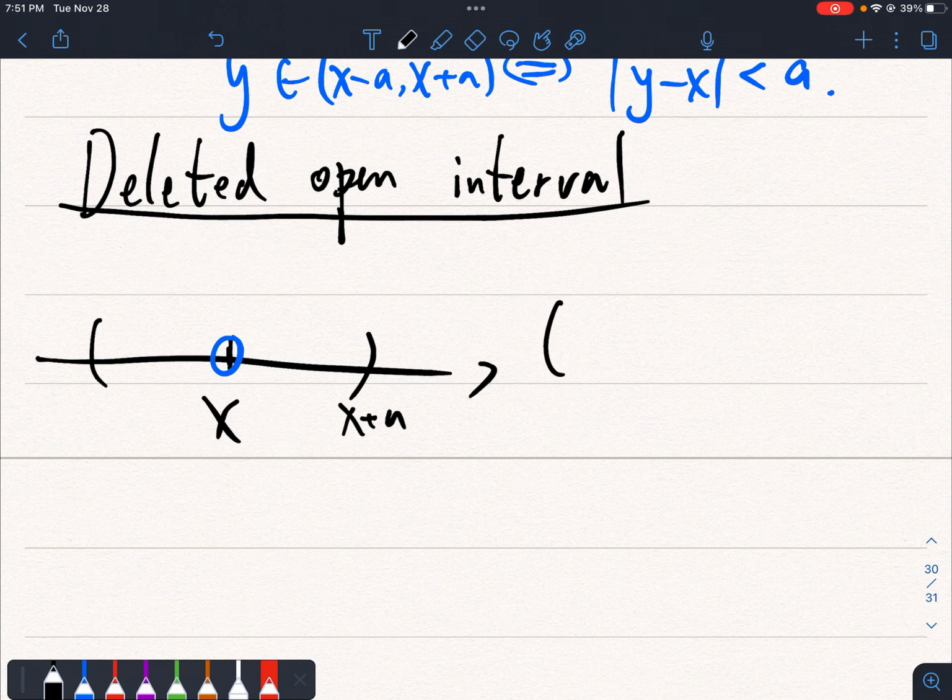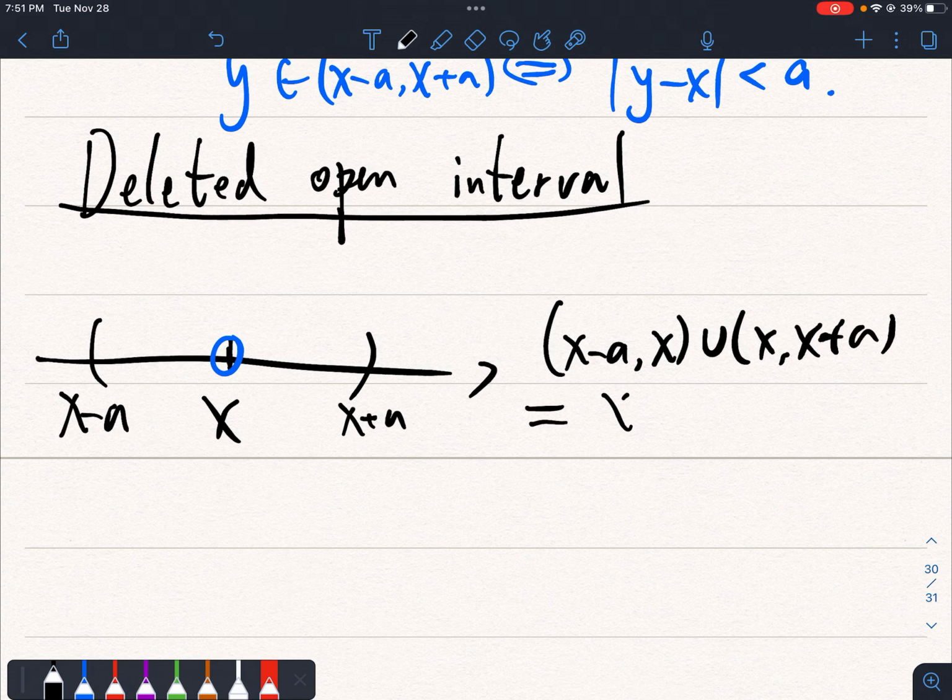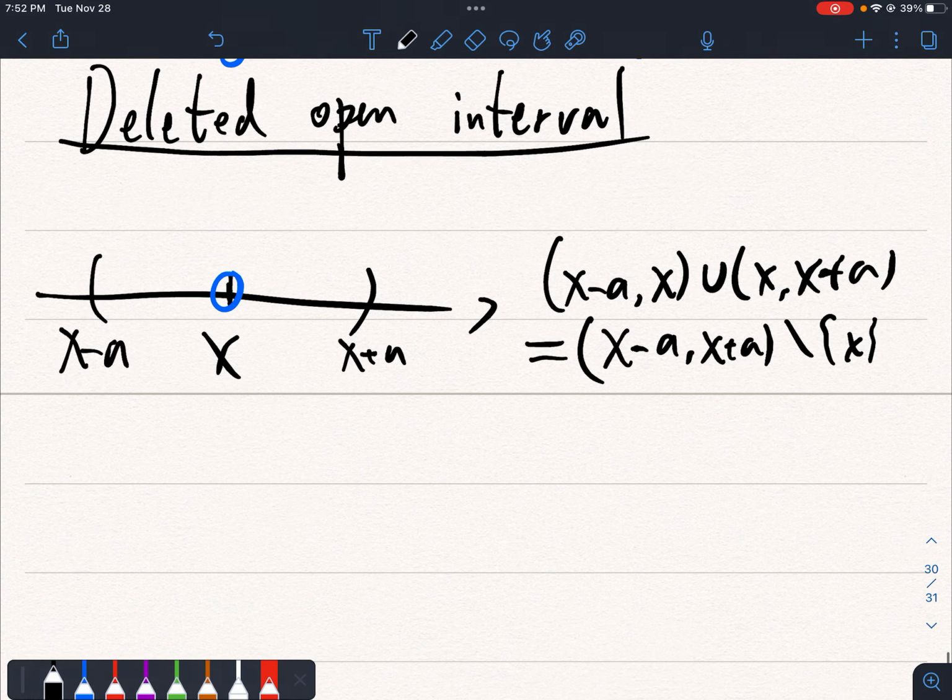So this is x minus a to x union x to x plus a. Or if you wish, it is the interval from x minus a to x plus a, and then deleted the point x itself.